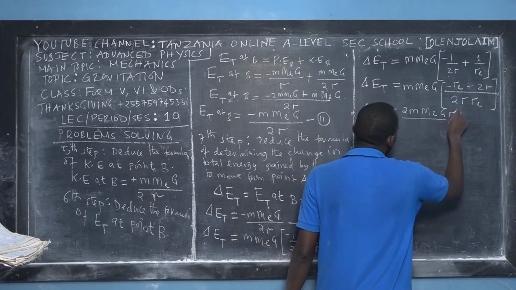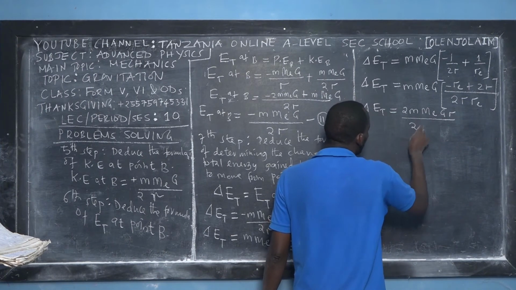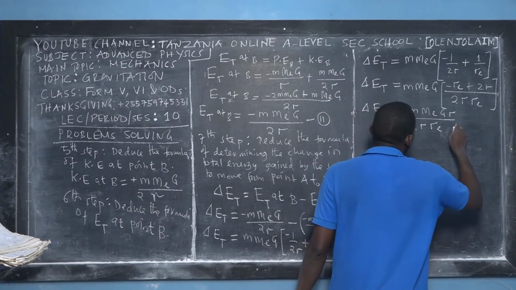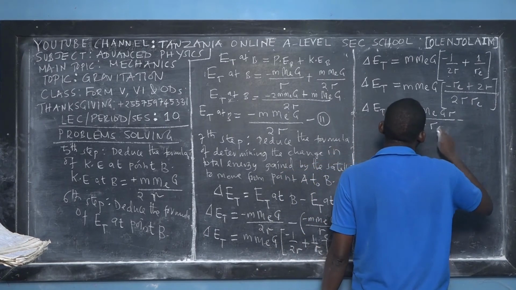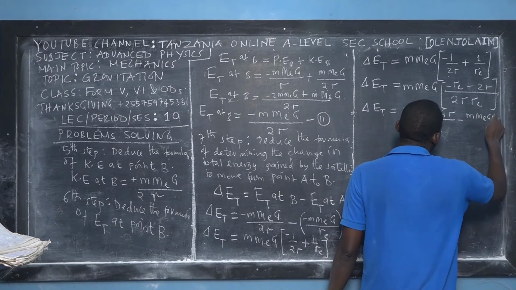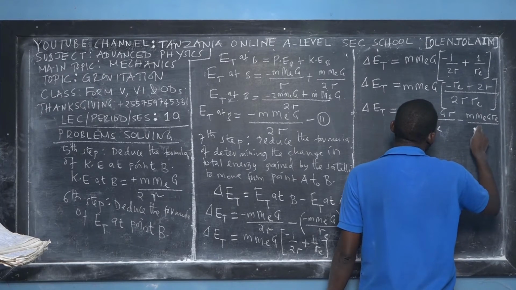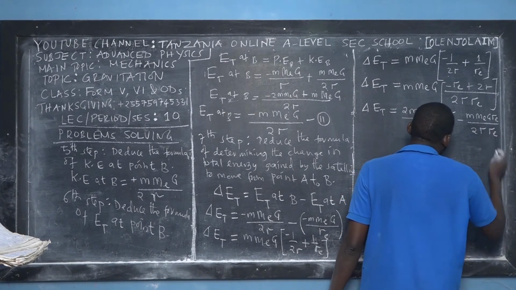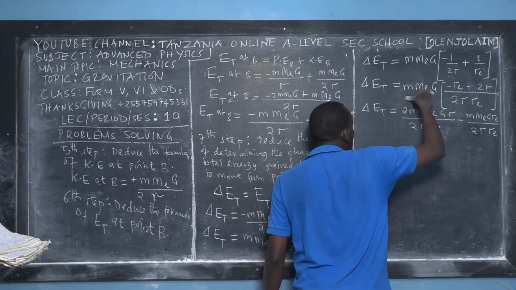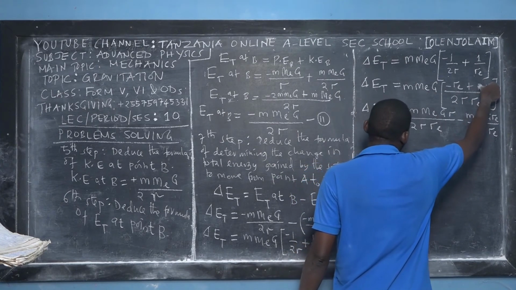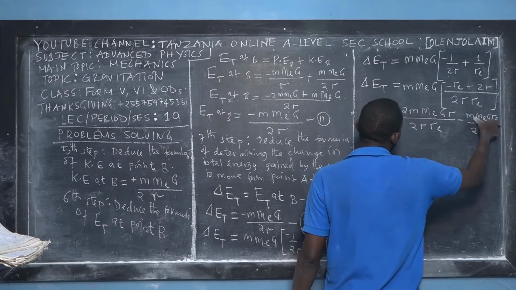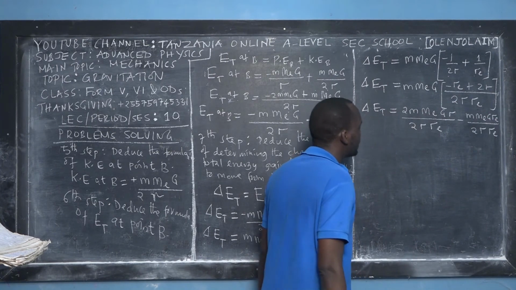Times R, divided by twice R, then the radius of the S. Hence we say minus the mass of the satellite, mass of the S, G, radius of the S, of twice the radius of the S. So I took this product of constants and multiplied it with this one, that's what I wrote here. Then I took this one and multiplied by this one, that's what I wrote here in the numerator.